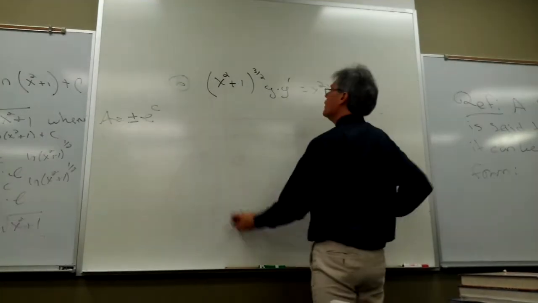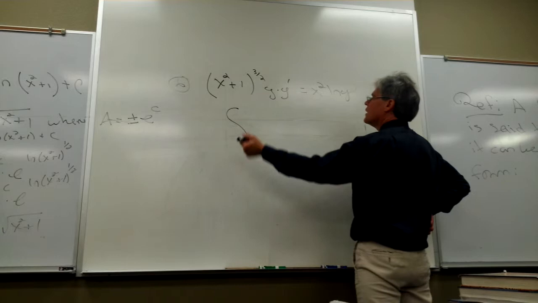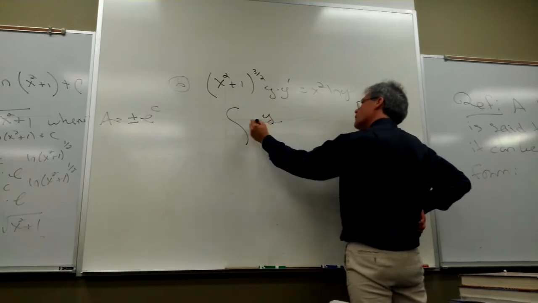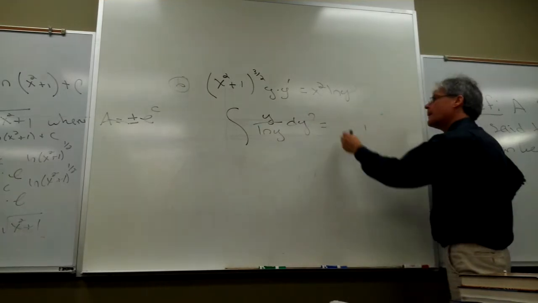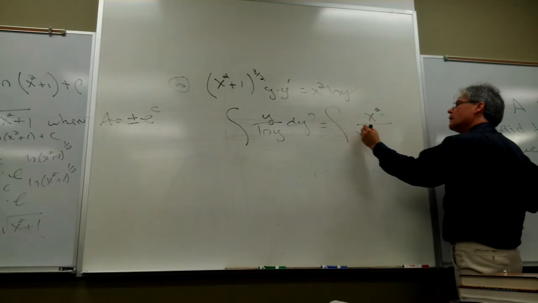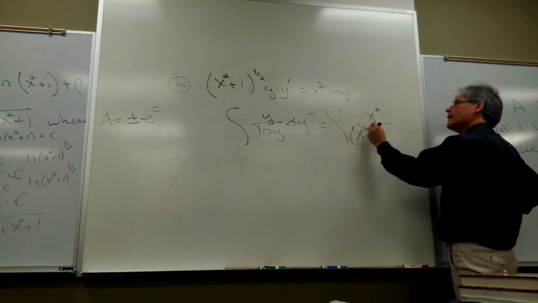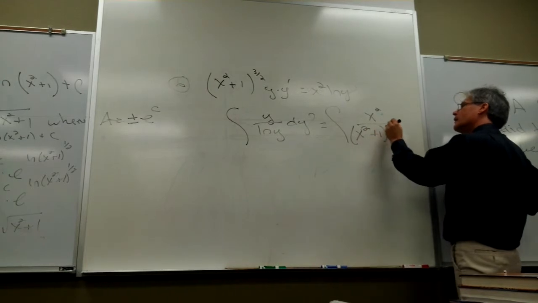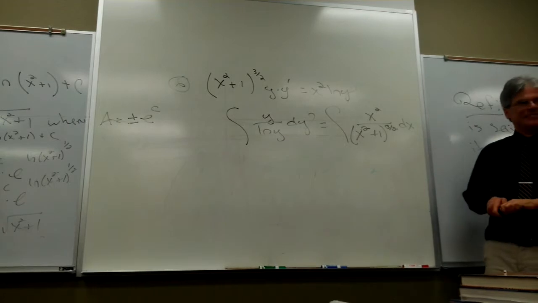Don't I have the integral of y over natural log y dy equals the integral of x squared divided by (x squared plus 1) raised to the 3/2 power dx? I like it.